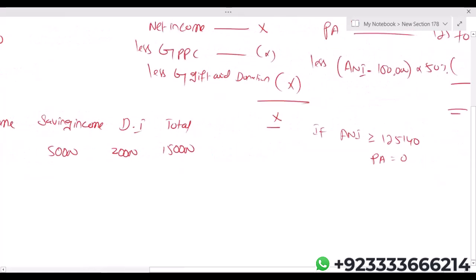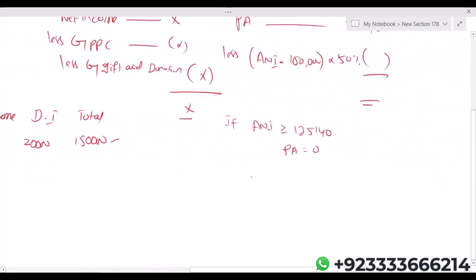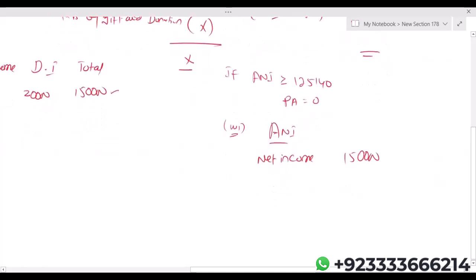Now, if you look at this total income, what is happening in this question? Adjusted net income. Net income is 1,50,000. There is no gross PPC, there is no gross gift aid donation. It means ANI is more than 1,25,140. Therefore, personal allowance becomes zero.